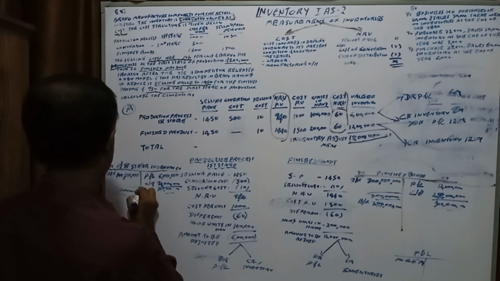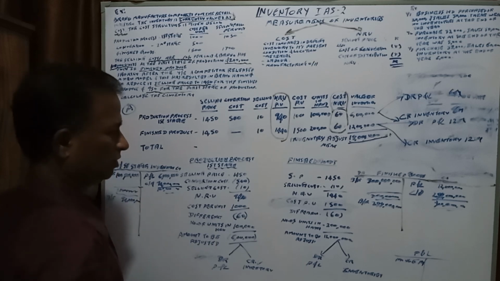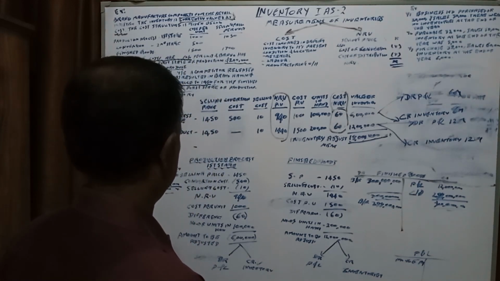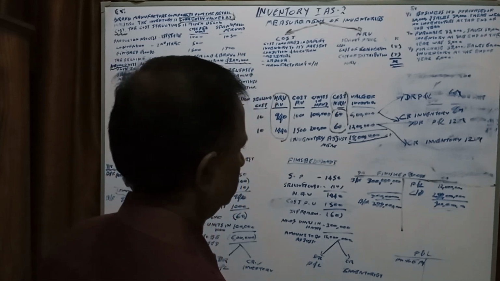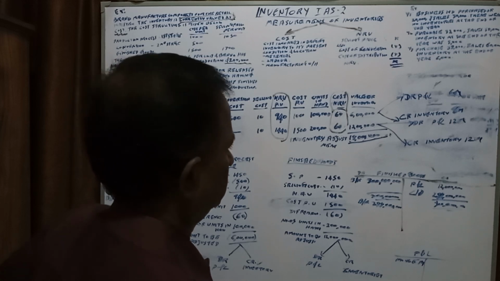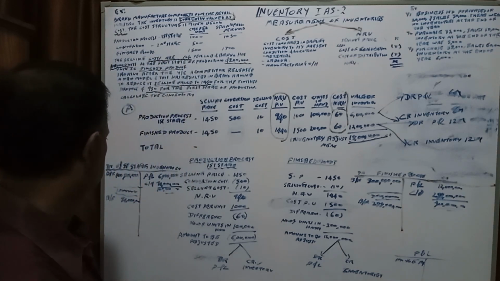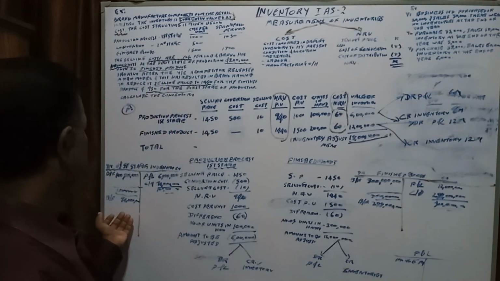Brought forward is 94 million. Okay, 94 million and 288 million. This is the carrying down value.